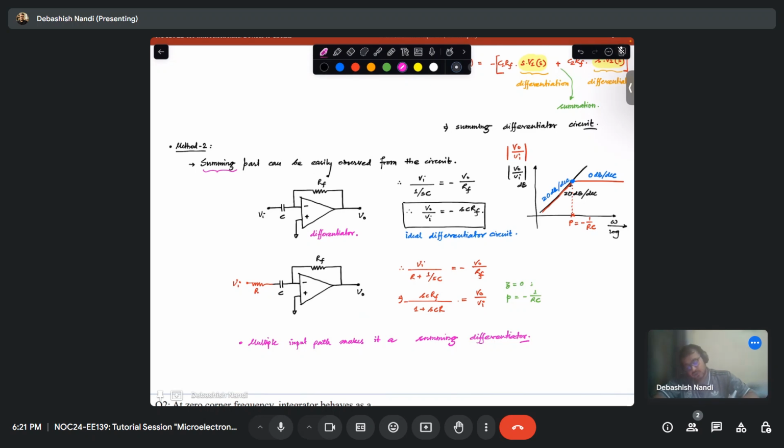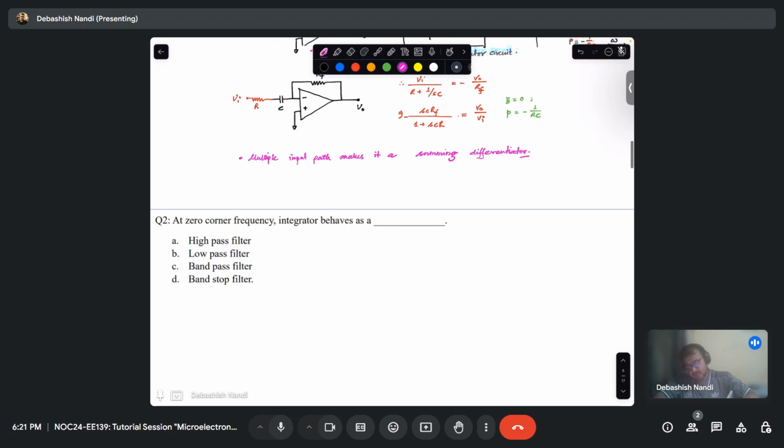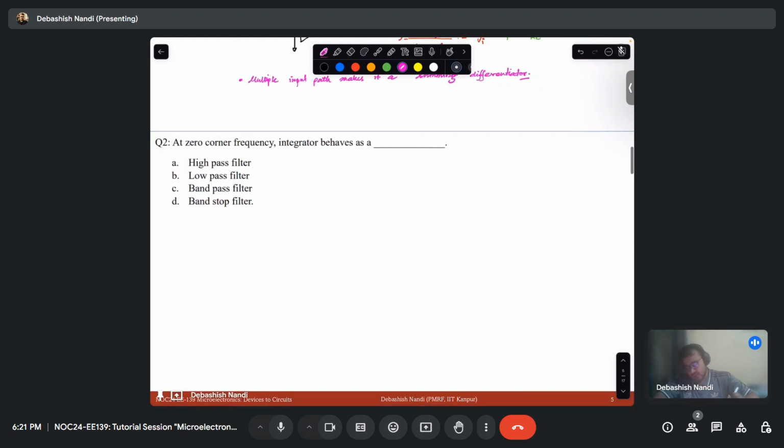Okay, so I think that's all. So let's move on to the next problem. The next problem asks us: at zero corner frequency, the integrator behaves as what? Okay, so what is an integrator?